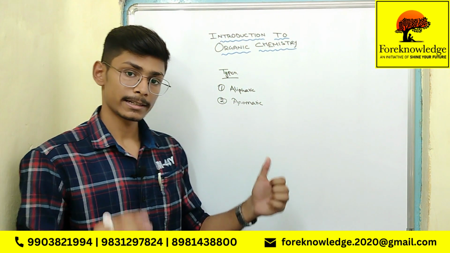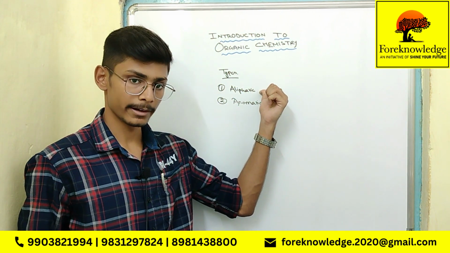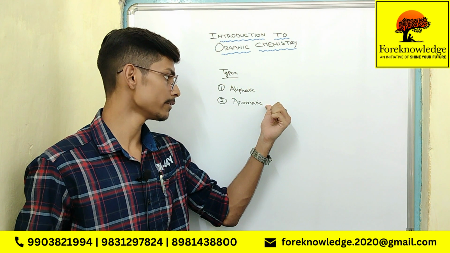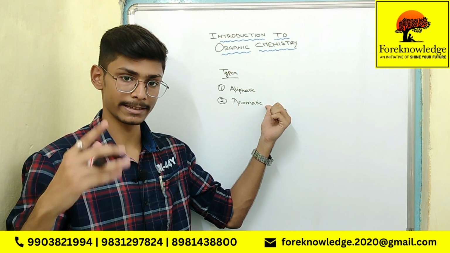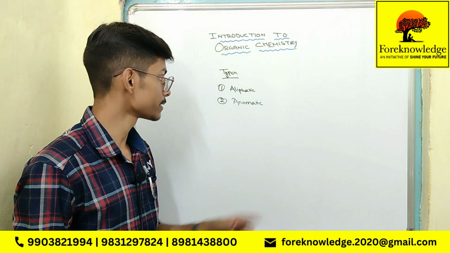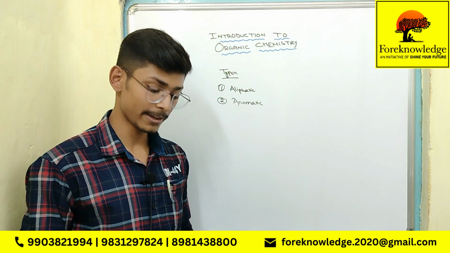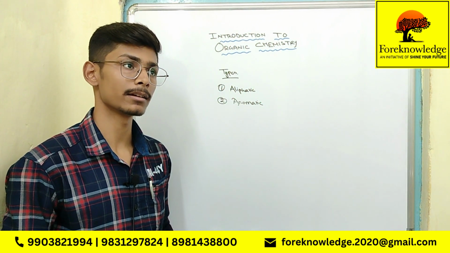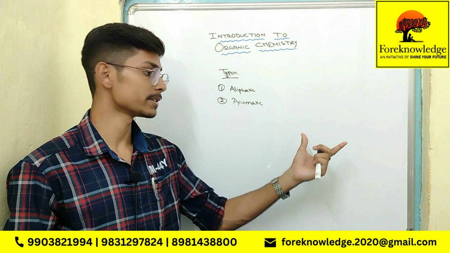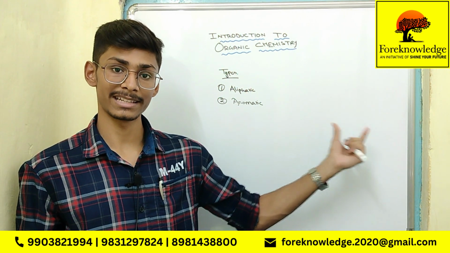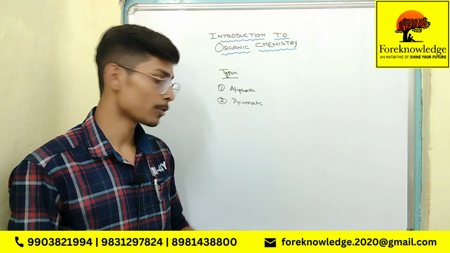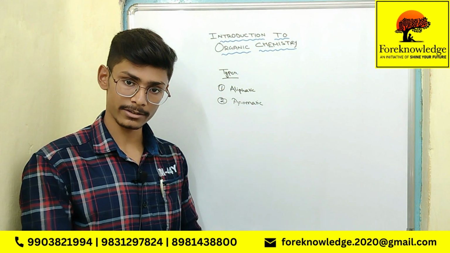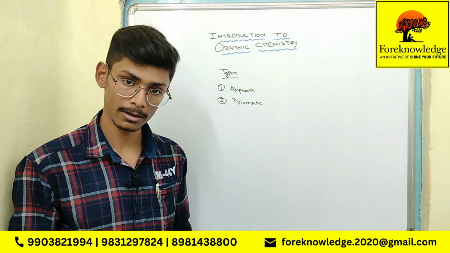If you study in class 10, you will study aliphatic, and aromatic compounds come after class 10, that is in 11 and 12. Now, what do you understand by an aliphatic compound? In aliphatic compounds, carbons are represented in chain structure, and in aromatic compounds carbons are present in ring structure, such as benzene, phenol, anisole.